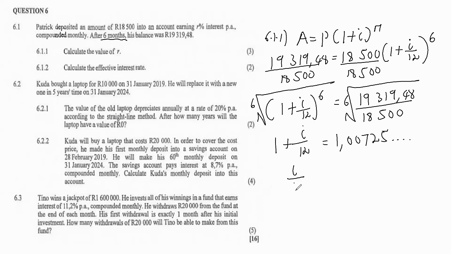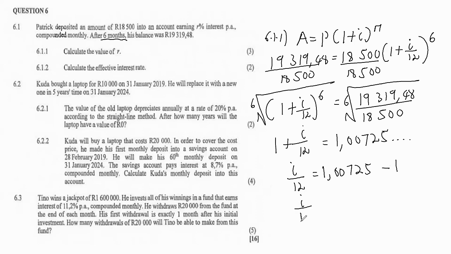Then I have i over 12. You can keep this in your calculator as a decimal and just write answer. Your calculator saves the answer, so you just say answer, and when you transpose the 1, it's minus 1. So you'll have 1.00725, which is your answer, minus 1, right?